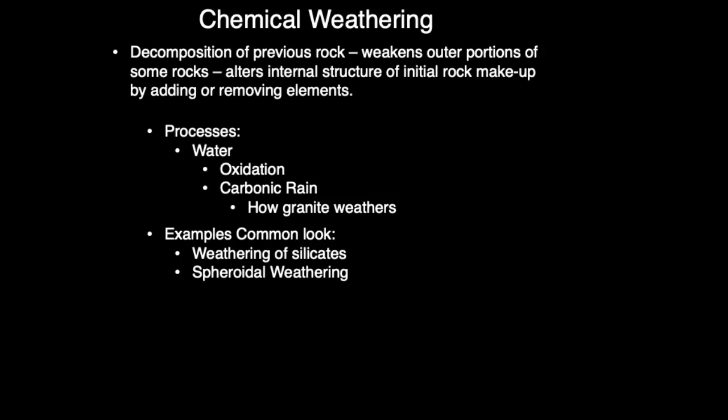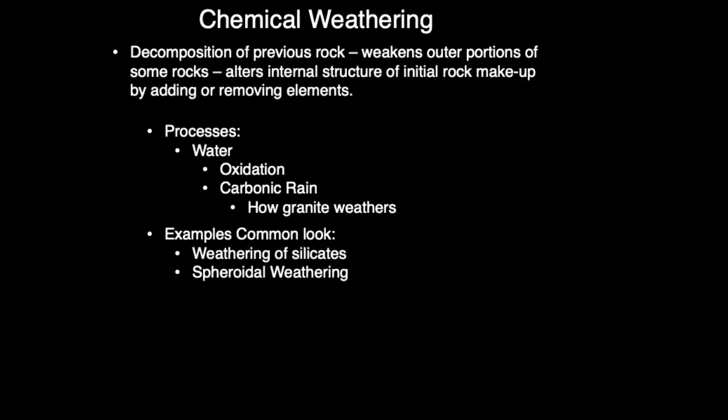All right, so now we will look at chemical weathering. Again, chemical weathering is the decomposition of rocks, the chemical alteration of the internal structure of the pre-existing rocks by either adding or removing elements from it. It typically decomposes best by the weakening of the outer exposed surfaces of those rocks, because of the agents that aid in this chemical weathering.